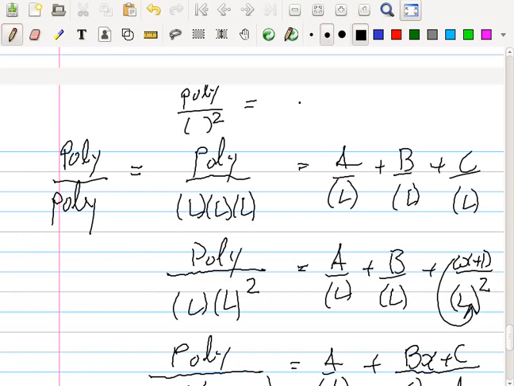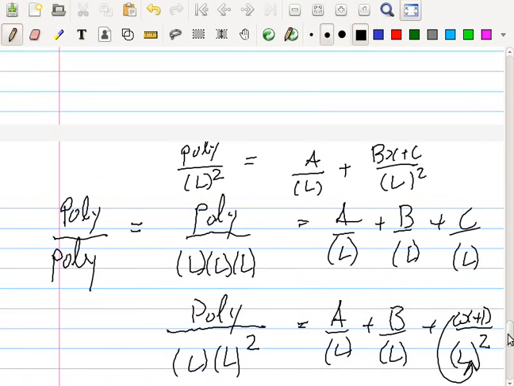What would that be? That'd be A over the first one, plus, really it should be bx plus c over the second one. Although, in my examples here, I made the b to be 0. It's usually 0, but it doesn't have to be 0. So again, like with the cubics, you need this to be 1 power lower than the denominator.